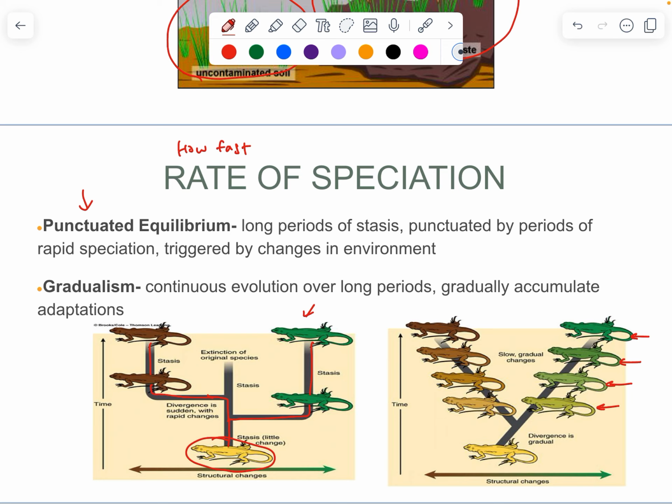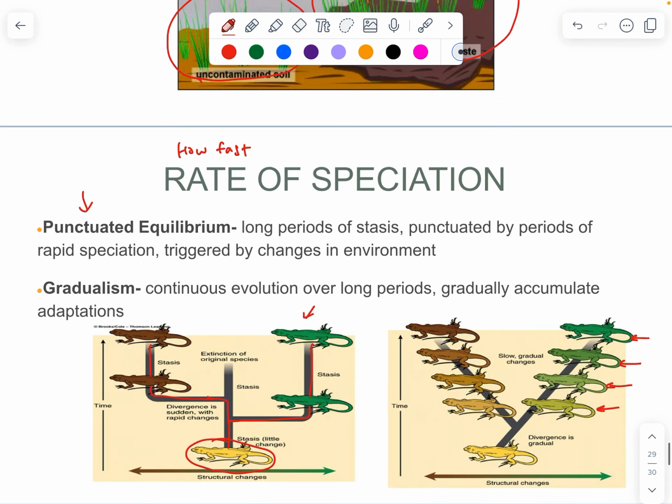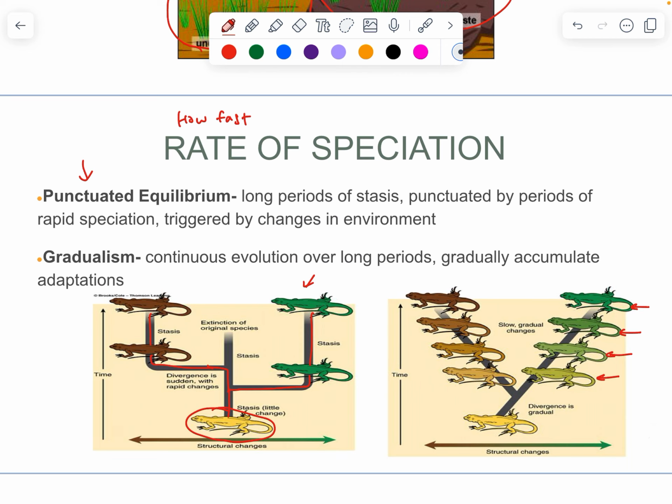So that's the evidence behind punctuated equilibrium. And both of these models are widely accepted, and they're both considered to be valid. So it just may depend on individual cases, individual species, as to which of the two models is more accurate. So that concludes your notes on speciation.